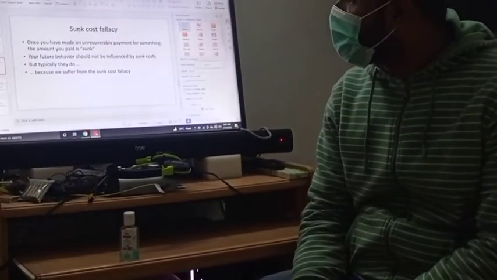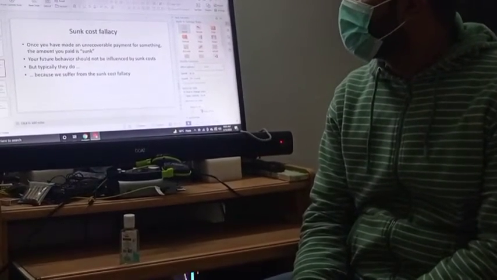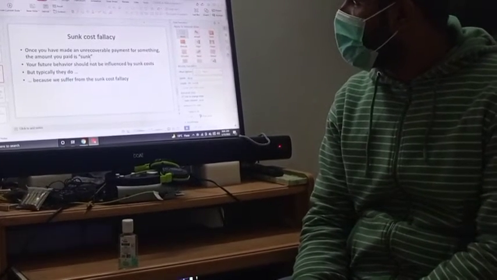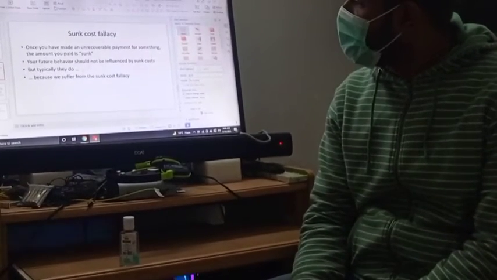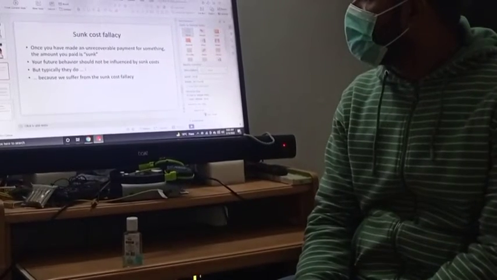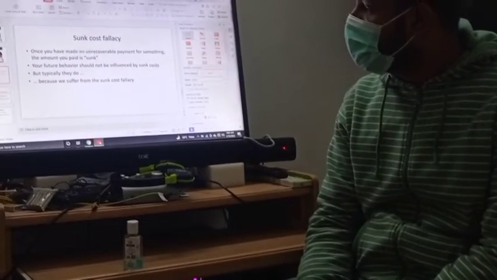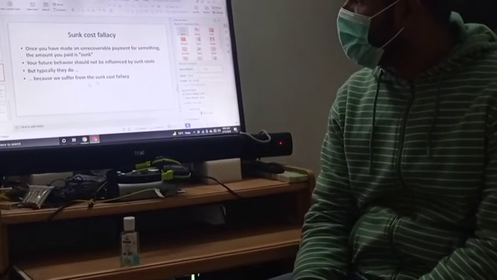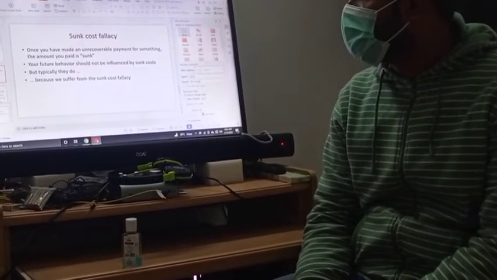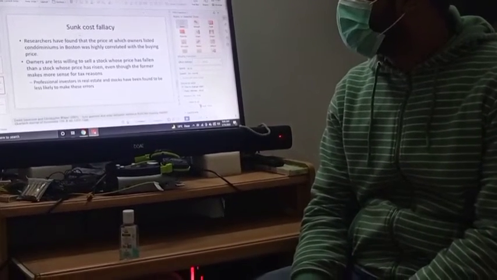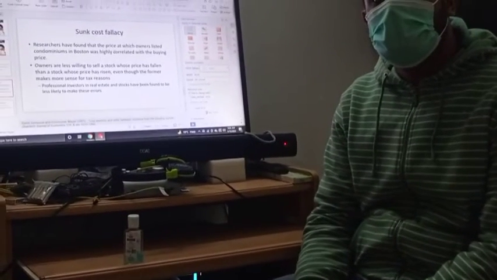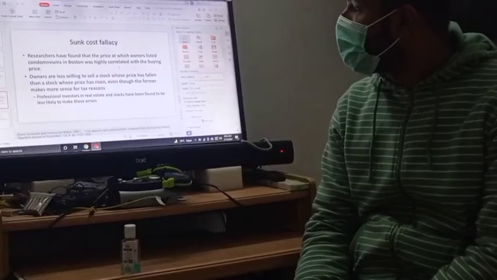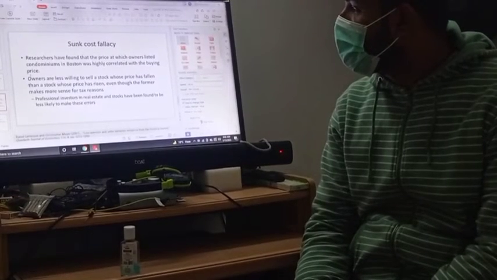Now let's talk about sunk cost fallacy. Once you have made an unrecoverable payment for something, the amount you have paid is sunk. That means it's gone. Your future behavior should not be influenced by sunk costs, but typically they do, because we suffer from the sunk cost fallacy. Researchers have found that the price at which owners listed condominiums in Boston was highly correlated with the buying price.